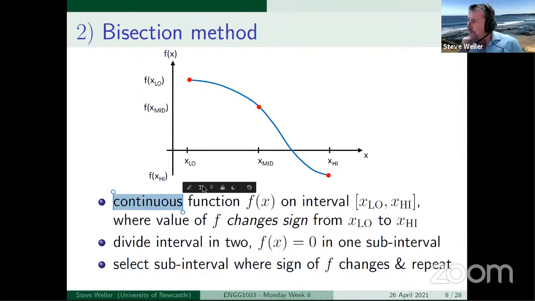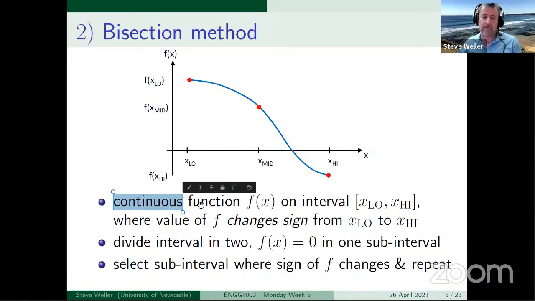Now, for those of you that are studying analysis in mathematics, there's a very formal, rigorous mathematical definition of continuity. For an engineer, what continuity means is, can you draw the curve with a pen in your hand without lifting the pen and moving it and placing it somewhere else? So if you can draw a curve with your pen, the function's continuous.